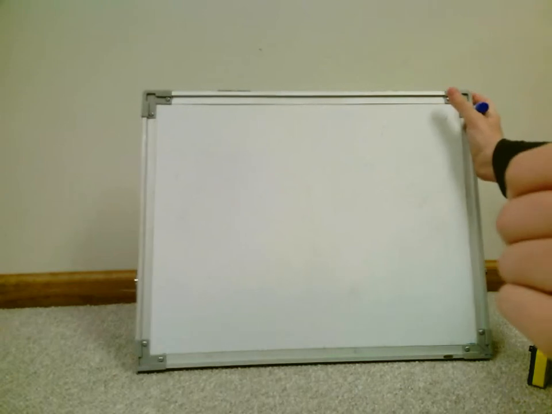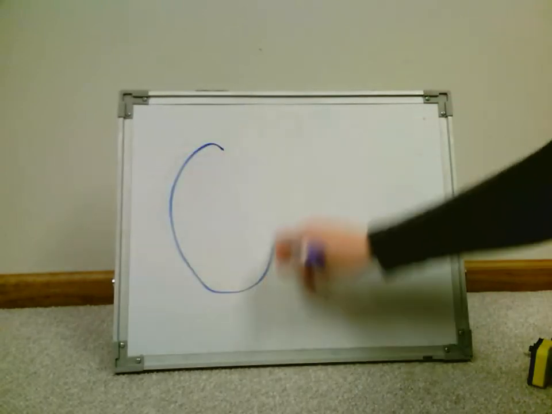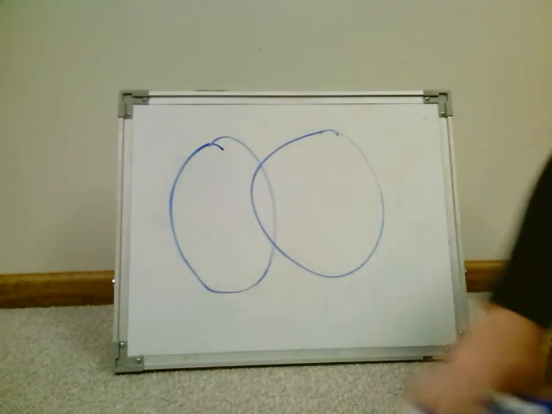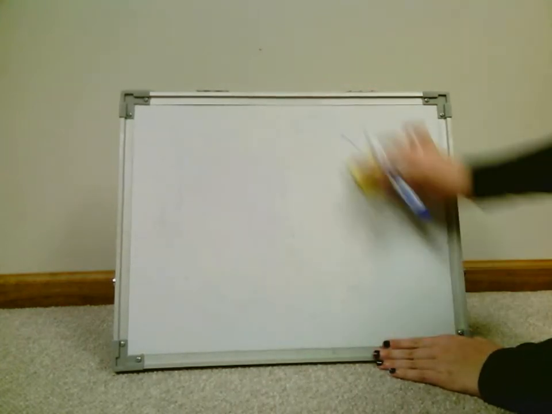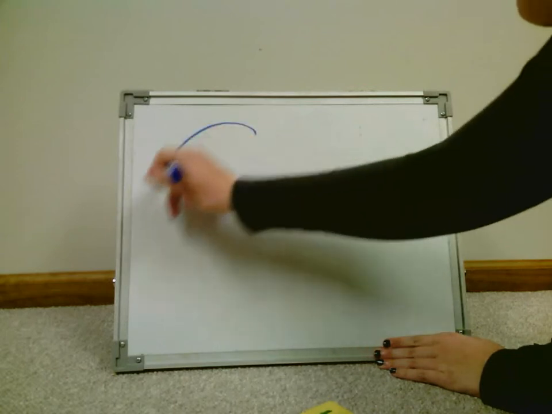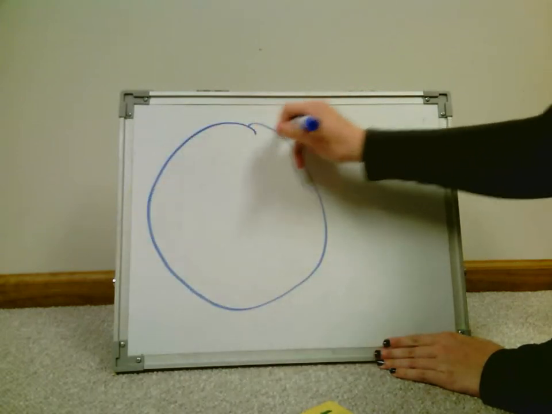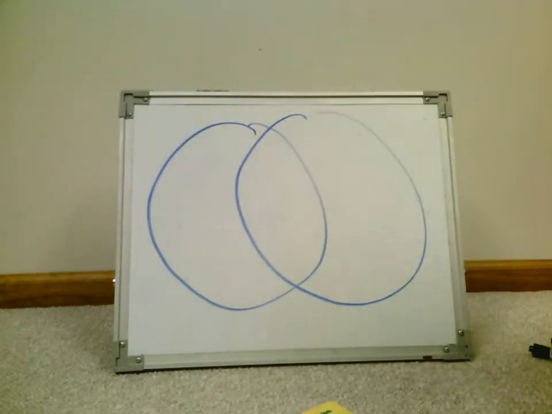So I'm going to go ahead and draw a Venn diagram. That was not a good Venn diagram. Not a fan at all. Alright, better. So there's my Venn diagram.